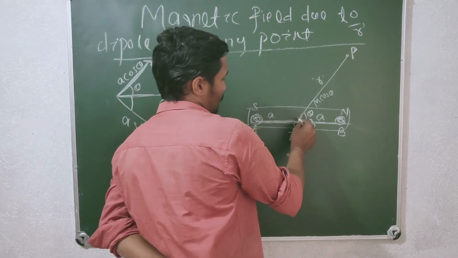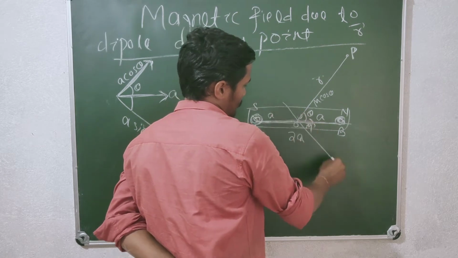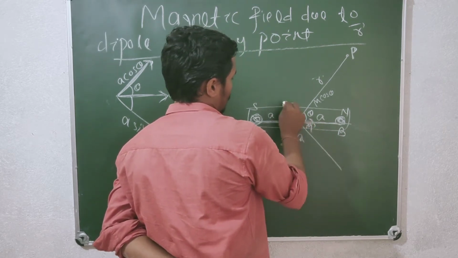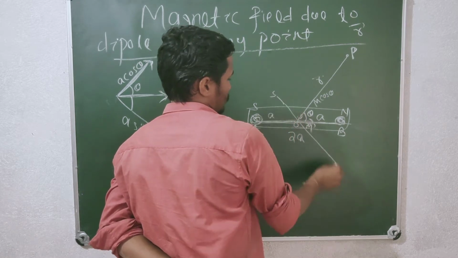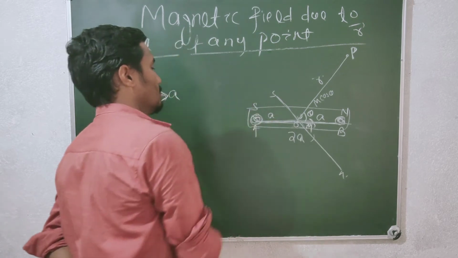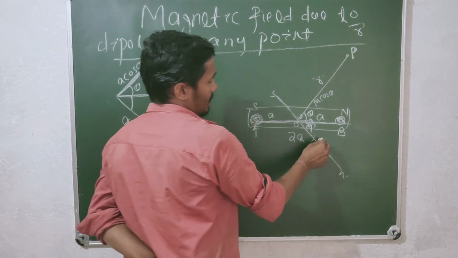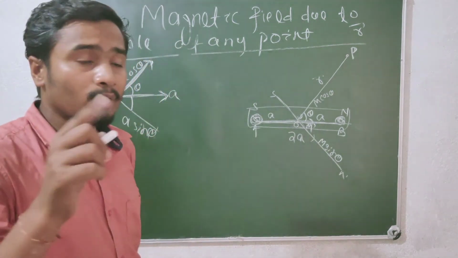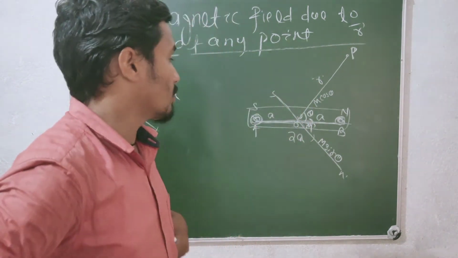Another perpendicular vector can be drawn from the south pole toward the north pole direction, and this vector is taken as m sin theta, because the component perpendicular to the cos component is the sin component.